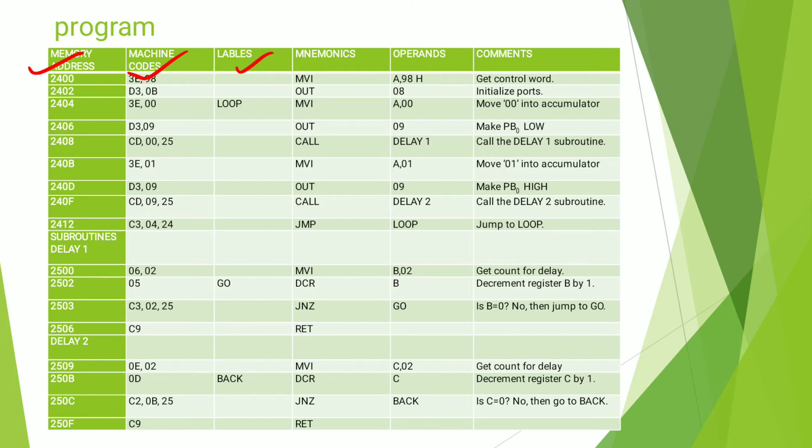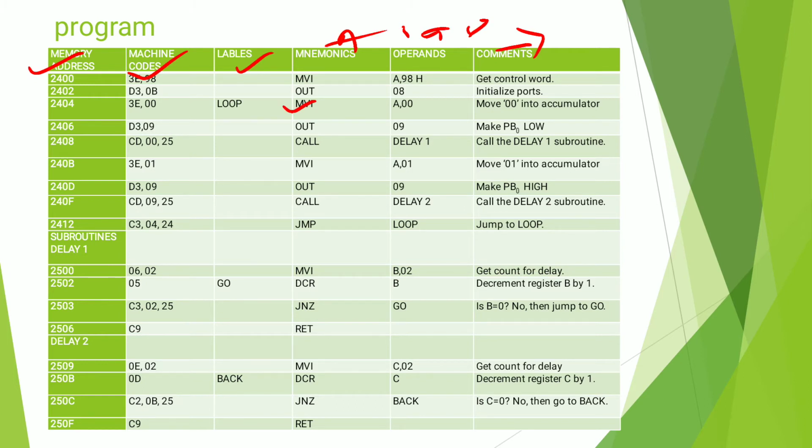Let's start from memory address 2400. MVI A, 98H. Means A has 98, that is the control word, to make port B act as an output port.